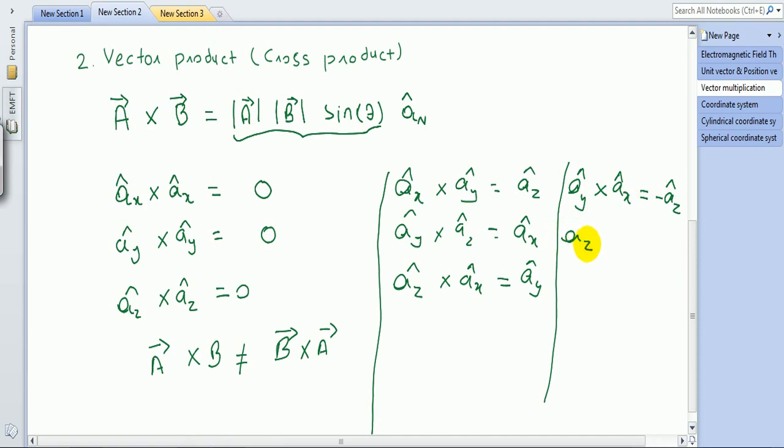If I do az cross ay, I'll get minus ax cap, and if I do ax cross az, it will be minus ay.